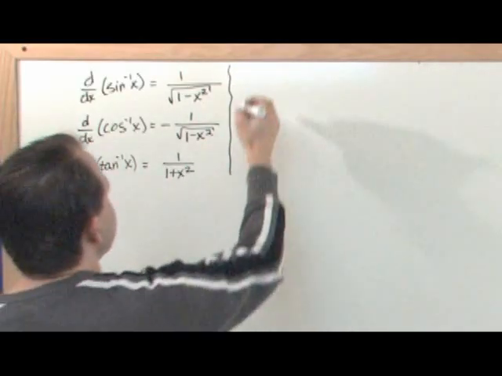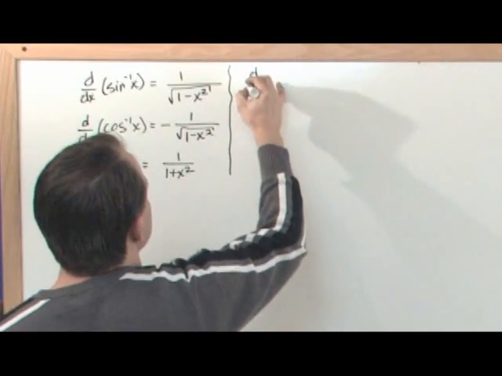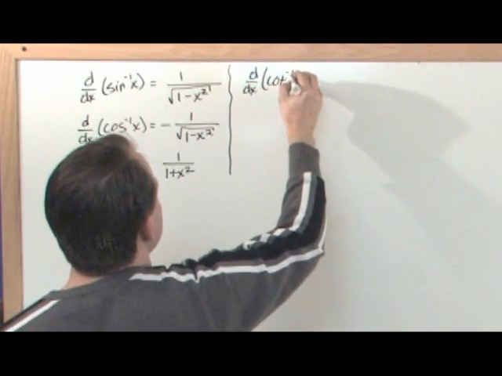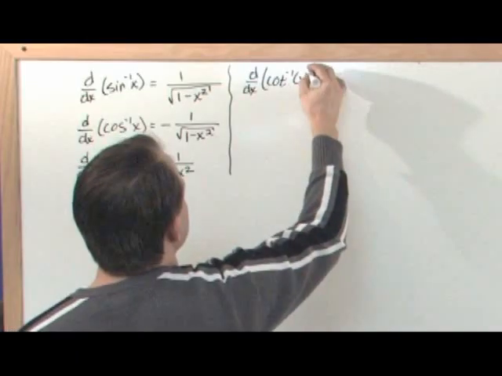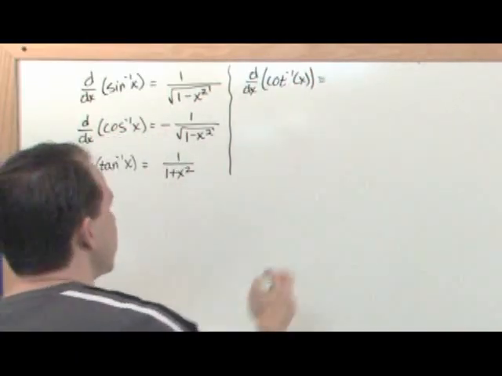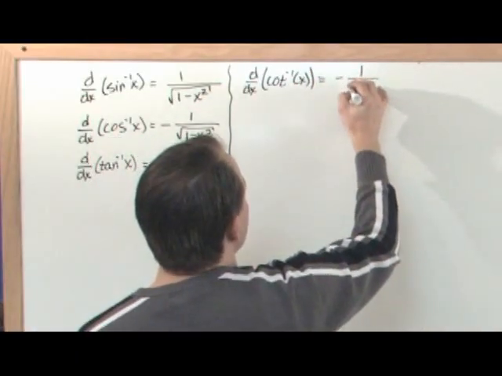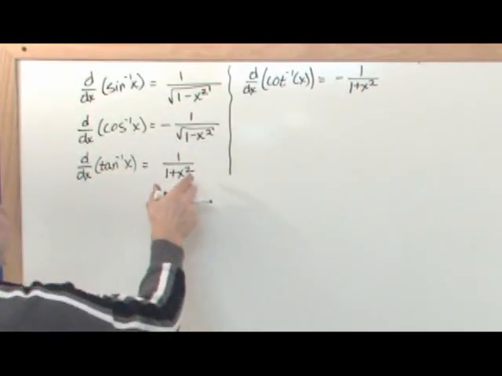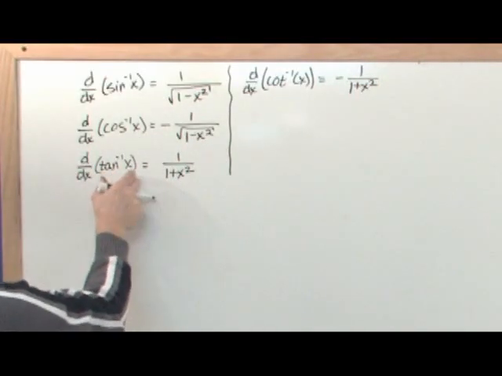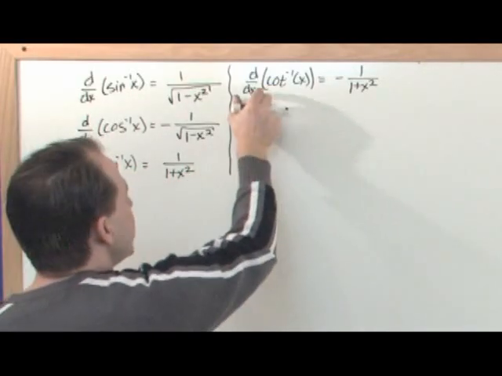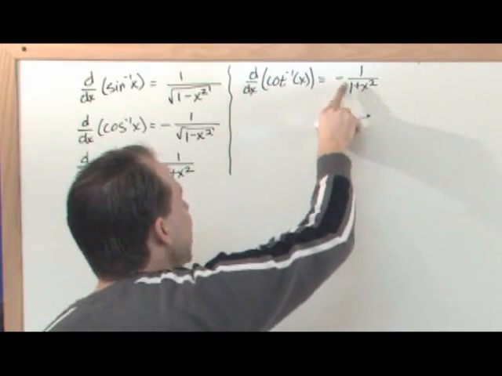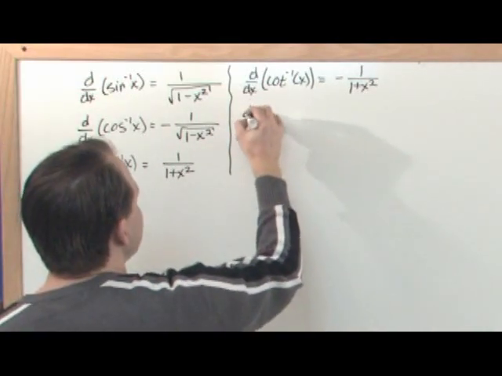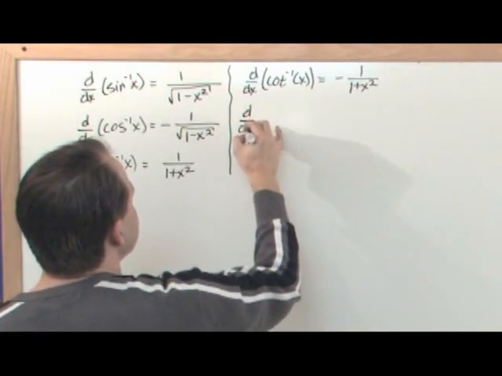The derivative of the inverse cotangent of x is just going to equal negative 1 over 1 plus x squared. So notice it's the exact same thing. The derivative of the inverse tangent is equal to this. The derivative of the inverse cotangent is equal to the negative of the same thing. So that's kind of nice. You see some symmetry here that makes your life simpler.